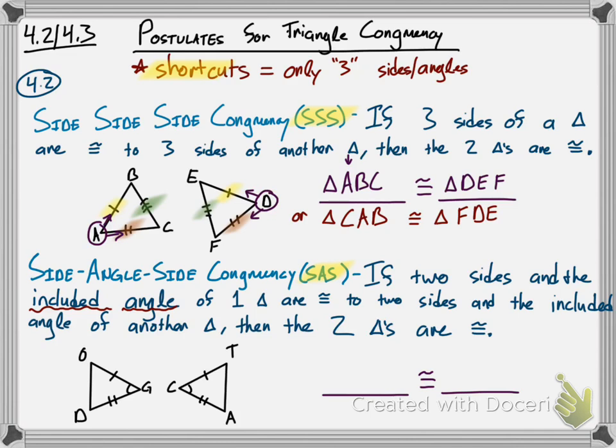So here, looking at our picture, we have our first pair of sides, our second pair of sides, and then we have what we call the included angle. That included angle is going to be sandwiched between those 2 sides. So here we do have enough information for our shortcut, so we can write our congruent statement.